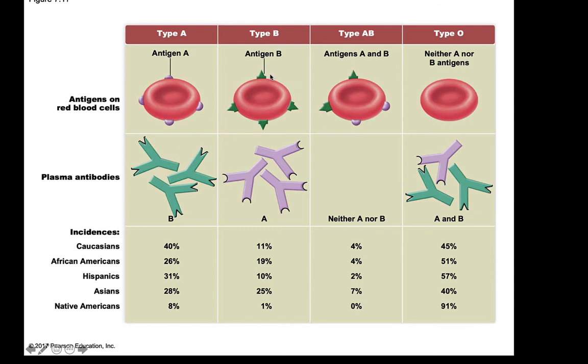If you are blood type B, you will have anti-A. If you are type AB, you will have no plasma antibodies. If you have type O, then you will have anti-A and anti-B. So something to keep in mind when we're talking about various blood typing.